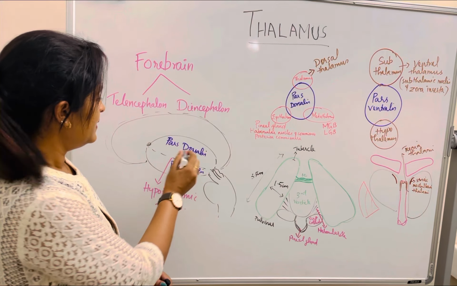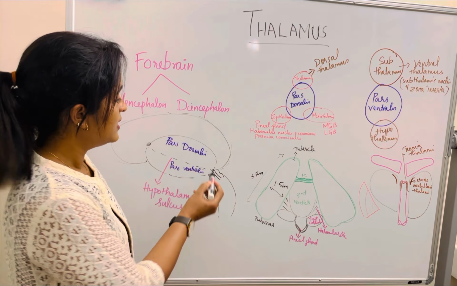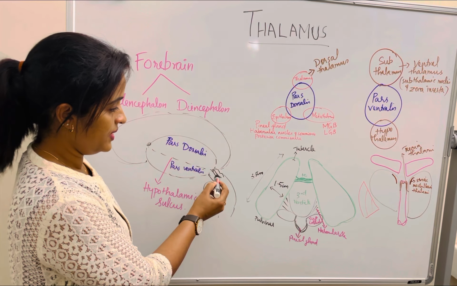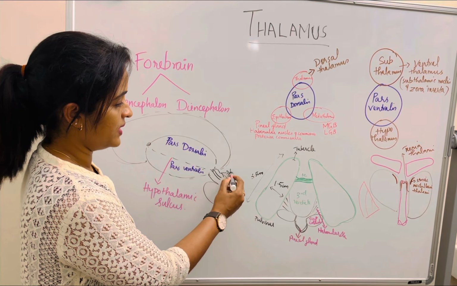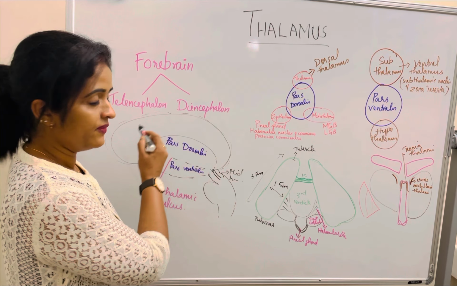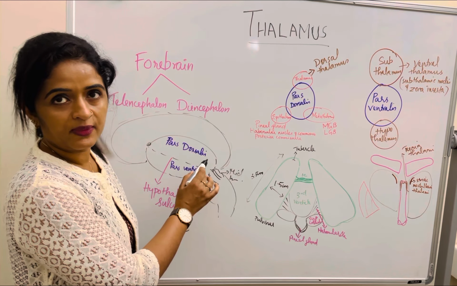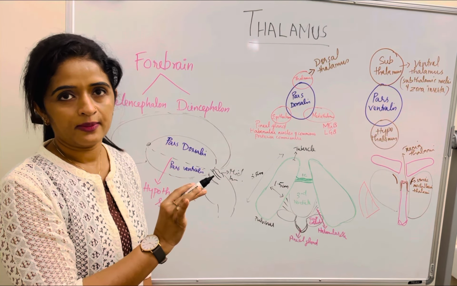Okay, and below the cerebral hemisphere you can see a mass of grey matter which is seated between the cerebral hemisphere, and this part is known as the midbrain. Okay, so below you have the midbrain and above you have the cerebral hemisphere. Between these two you have a mass of grey matter that is known as thalamus.